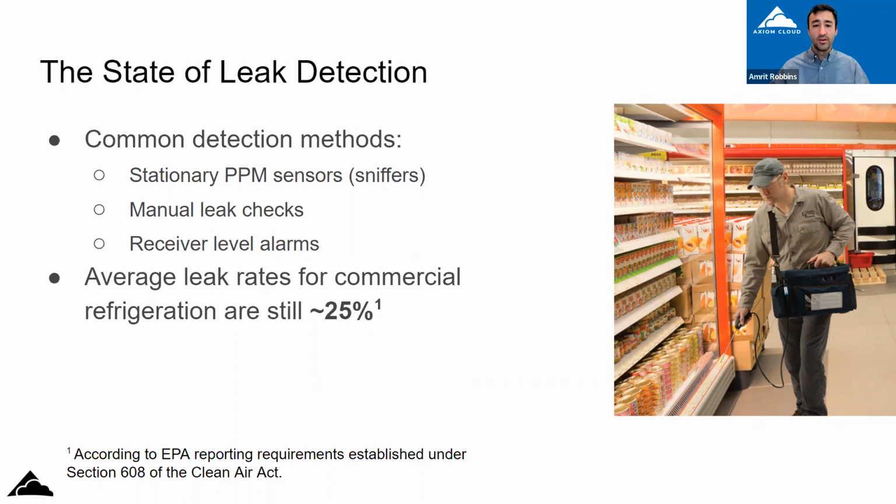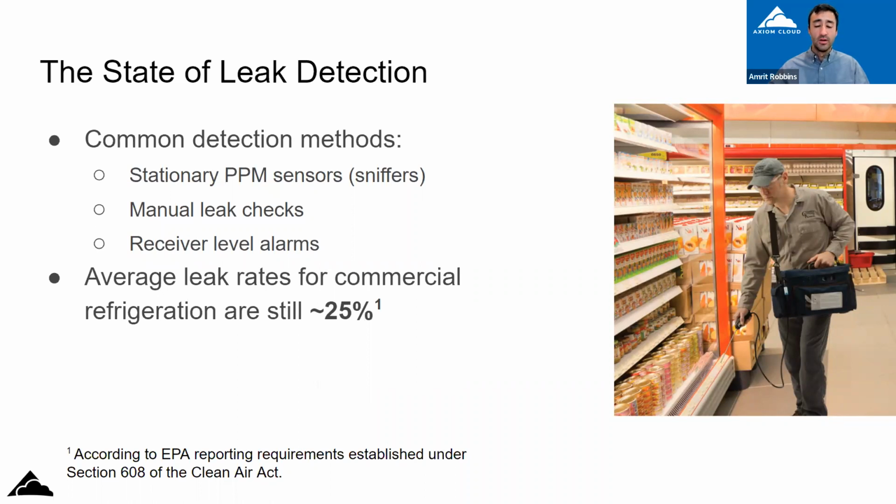But given all these various tools in the toolkit today, none of them are that good, honestly. So you have to layer these on top of each other and use them in intelligent ways to ultimately detect leaks before it's too late and before you're running into a really critical situation in the store. And that's because the average leak rate for commercial refrigeration in the United States is still 25%, according to the EPA. And what we've seen at Axiom Cloud in the first 4 months of 2022, we detected leaks at 10% of the stores we serve.